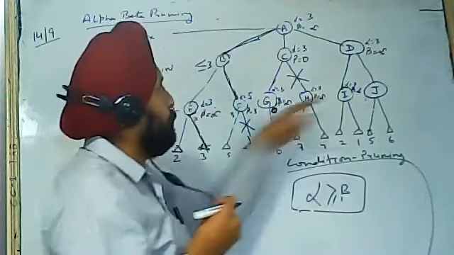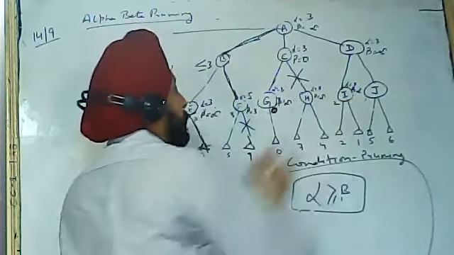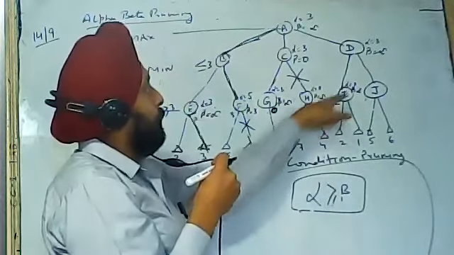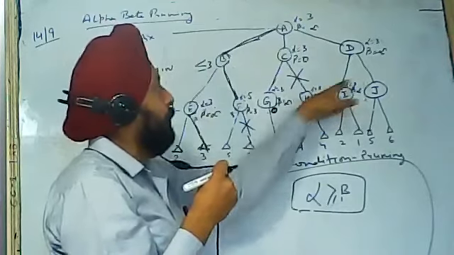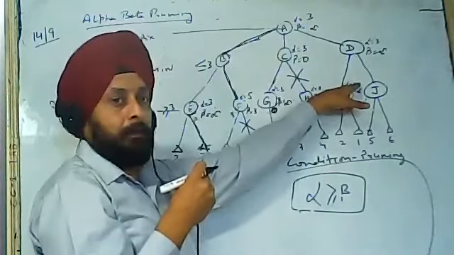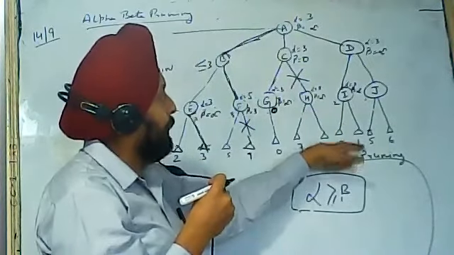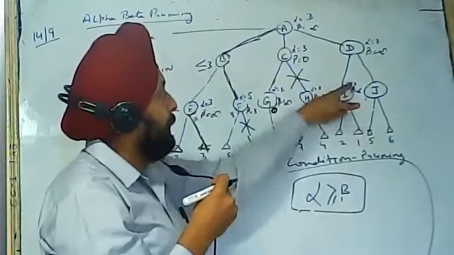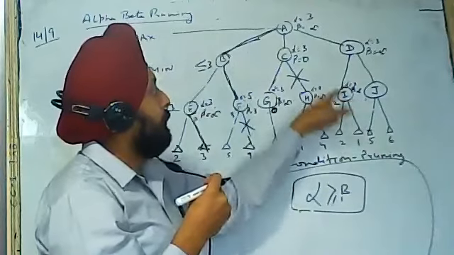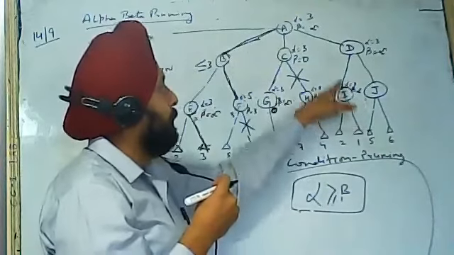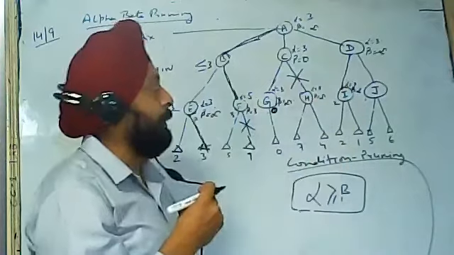This node provides 2. So alpha has the option of 3 or 2, but 3 is better, so it will not take it. Then from here also, it will provide 1, so it will not take it. So the node value 2 remains here, and alpha value remains 3 here.